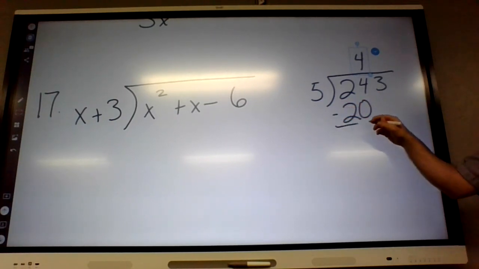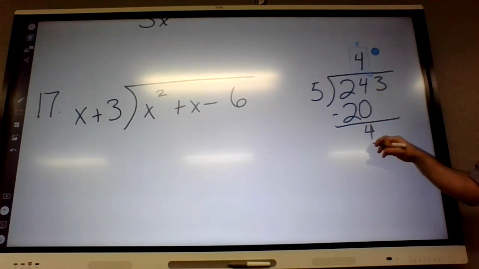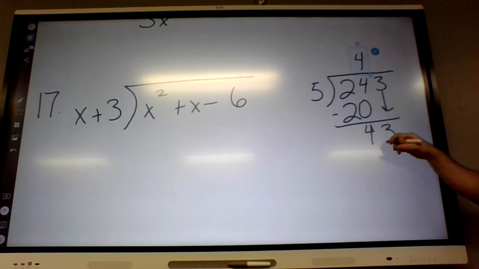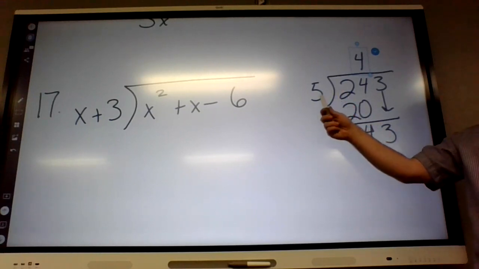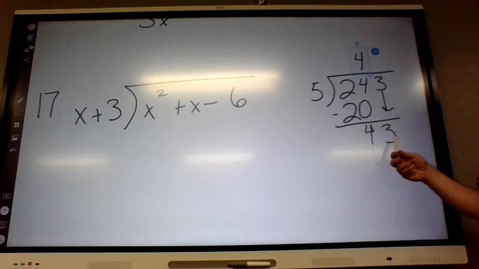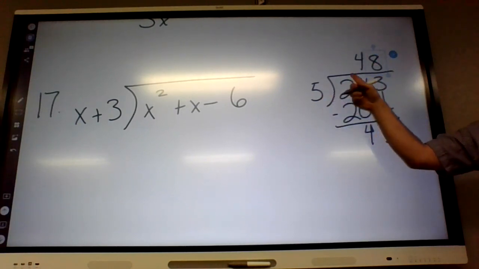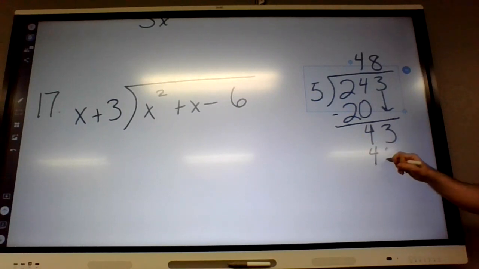Subtract. 24 minus 20 is 4. The 3 comes down. Then what do we do? Start over. What's 43 divided by 5, or how many times is 5 going into 43? 8. Then we do 8 times 5 is 40.